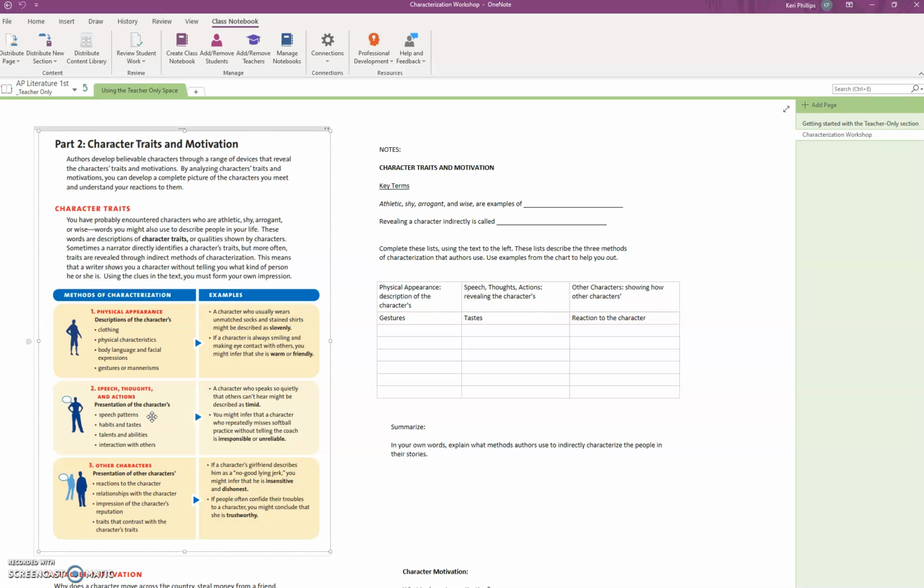What you would be looking for is those details that lead us to those conclusions. Like, they're timid would be an example. If a character speaks so quietly that people constantly can't hear him, those details we would capture and say that this character is timid. I know that because these details are showing it to me.